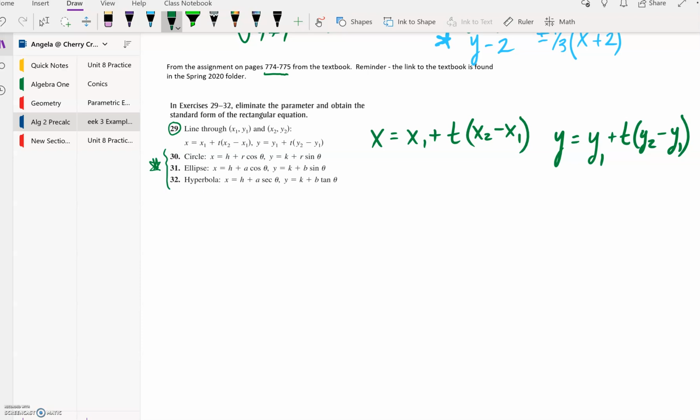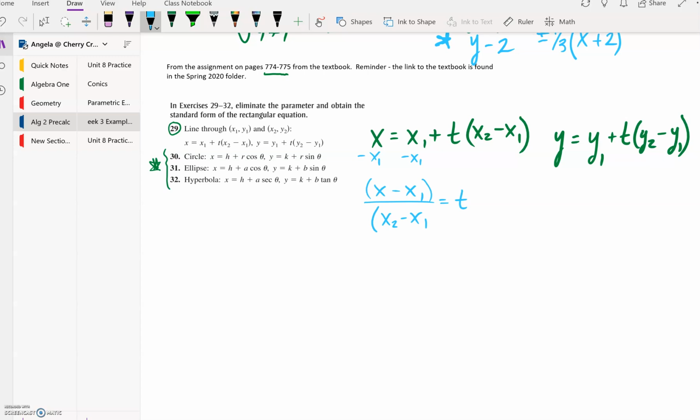So I'm going to solve for t here, and what that requires is that I subtract x sub 1 from both sides. So I end up with x minus x sub 1, and then I'm going to divide it by this value that is tied here to the t value. Okay, and that whole piece now is equal to t.